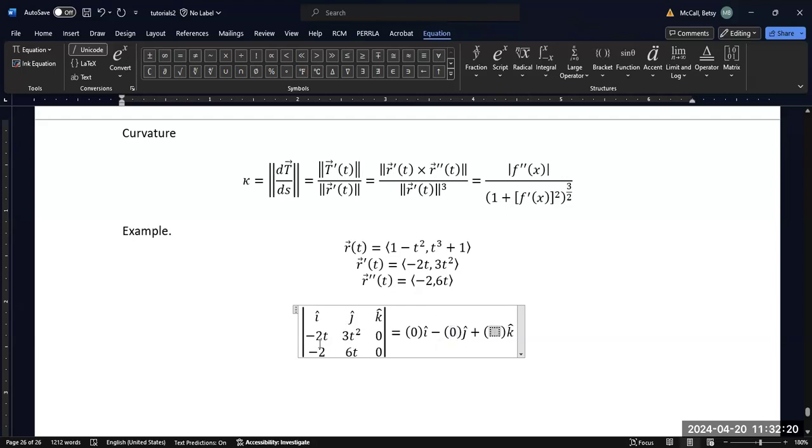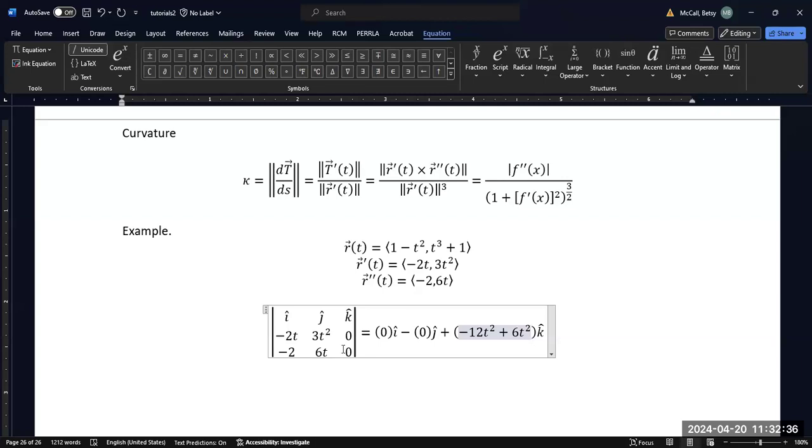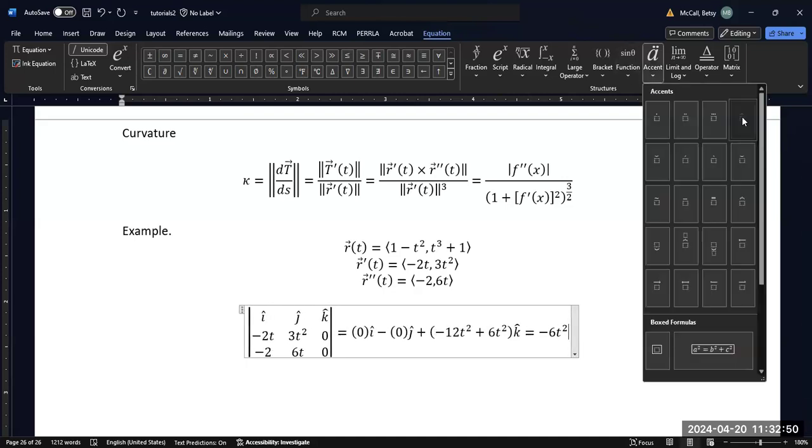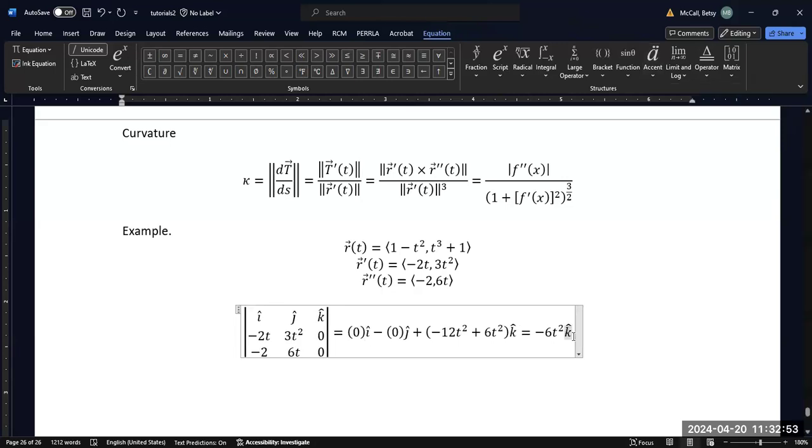And in our third dimension, then we get an actual value, which is going to be negative 12t squared plus 6t squared, because it's minus a minus. And so that's going to give us, in the end, negative 6t squared, just in the k component.